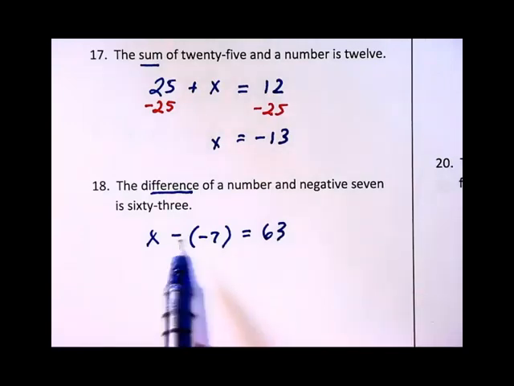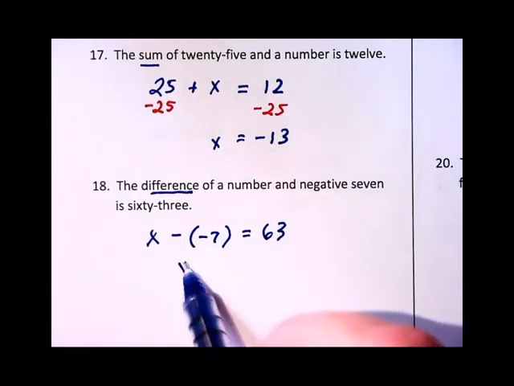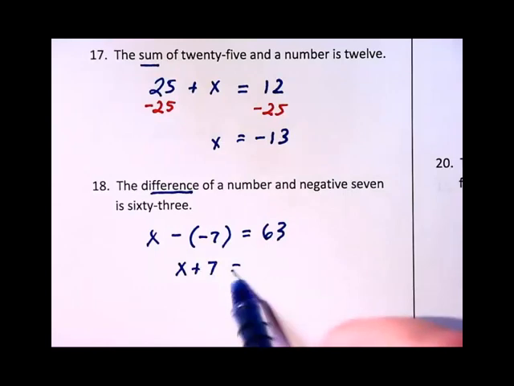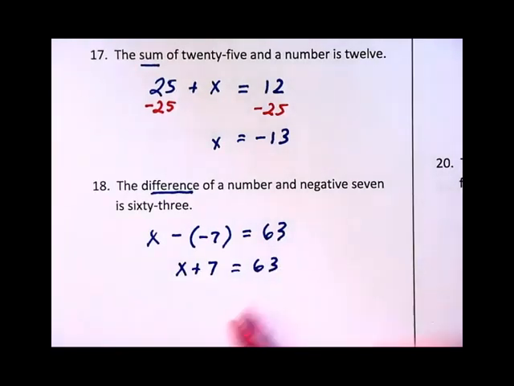We know that whenever we minus a negative, that turns into addition, so we really have x plus 7 equals 63. And we want the x by itself. We don't want the 7 added to it, so we are going to subtract the 7 off on each side, and that will give us the solution of x is equal to 56.